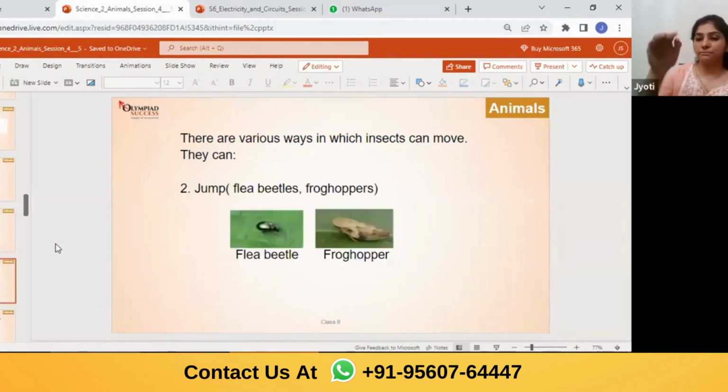Next we see jump. Jump, we know, is flea beetles and frog hoppers. They jump. Their movement is that they jump.